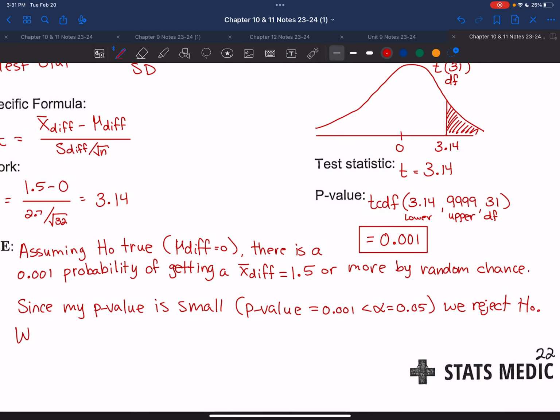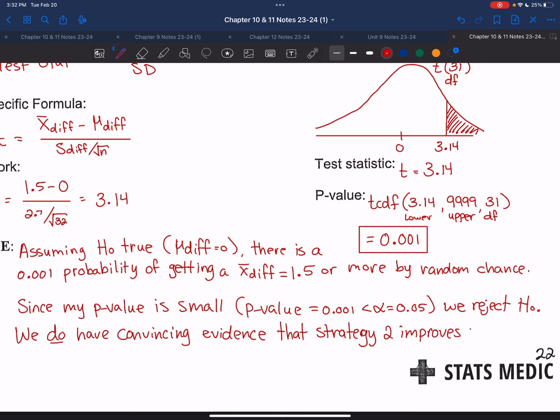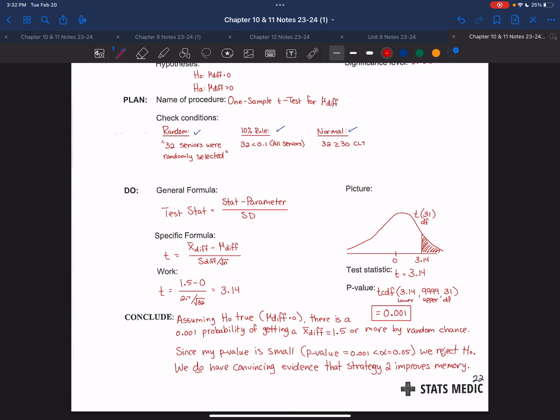And then I can say we do have convincing evidence that strategy 2 improves memory. All right, so we have convincing evidence to show that strategy 2 is the better of the two learning strategies.